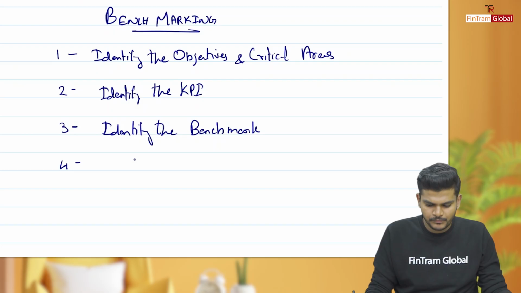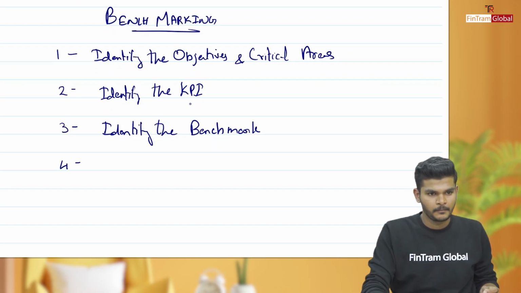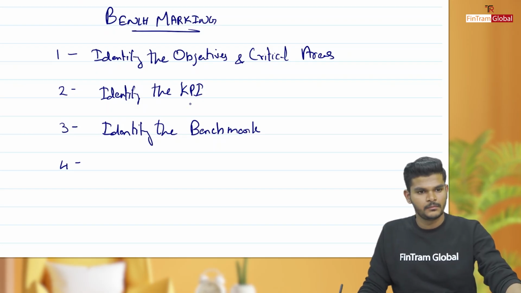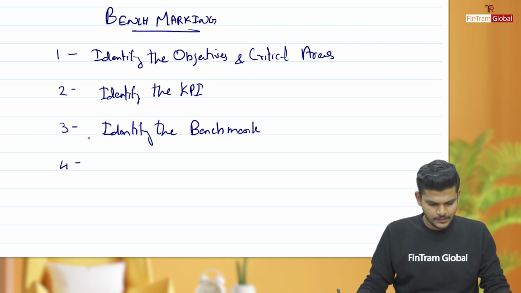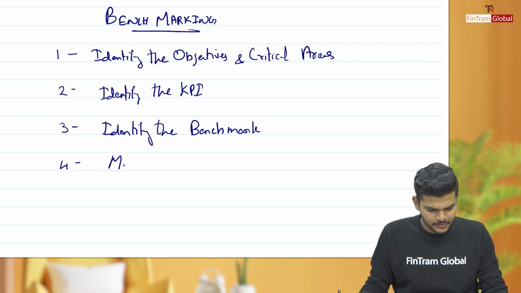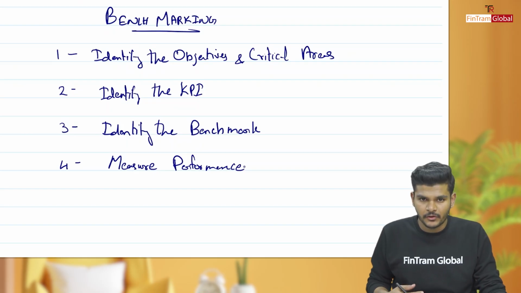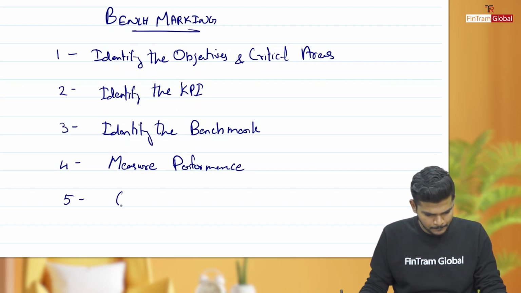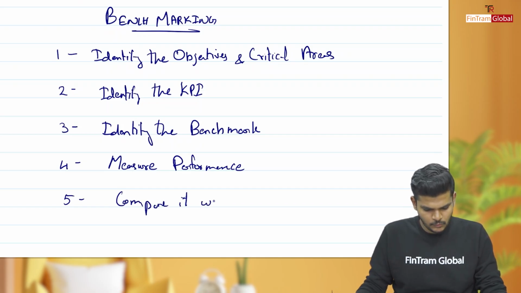And number four, what would number four be? Number four would be the measurement of performance. Okay, folks, you have to measure the performance of our organization and then compare it with the benchmark.